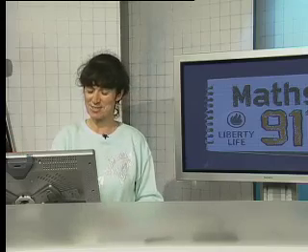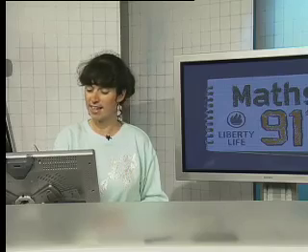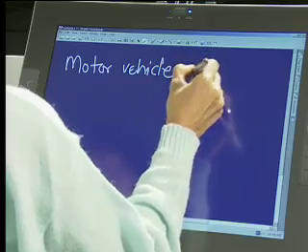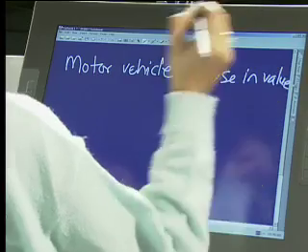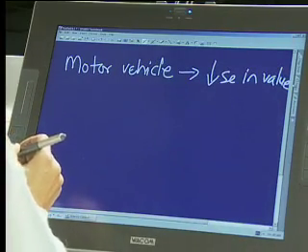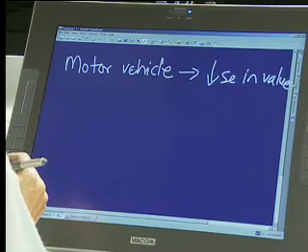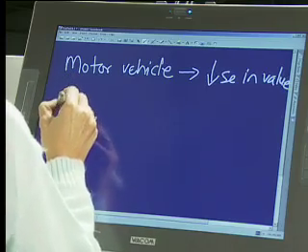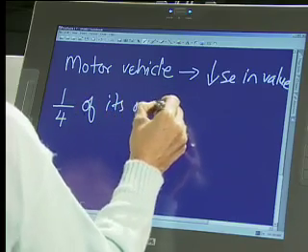Right, Joyce's question was as follows. We have a motor vehicle, and that motor vehicle is going to decrease in value, as we know, and we want to know how long it will take that vehicle to decrease in value so that it will be a quarter of its original value.